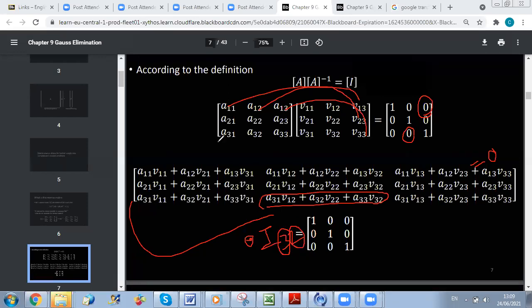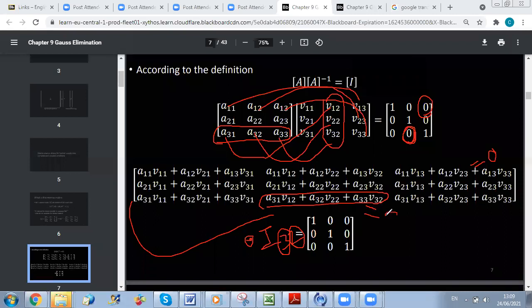So the result will be A31 times B12 plus A32 times B22 plus A33 times B32, equal to the element 32 of the identity matrix, which is 0.